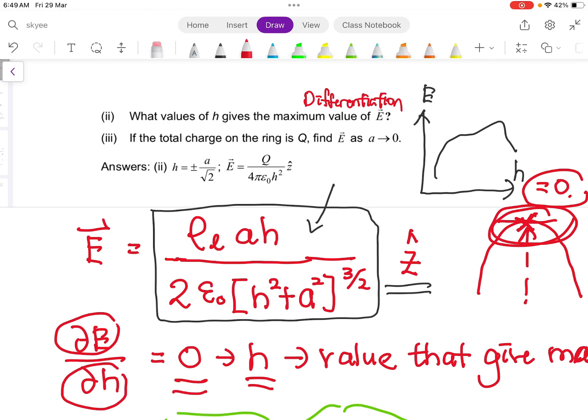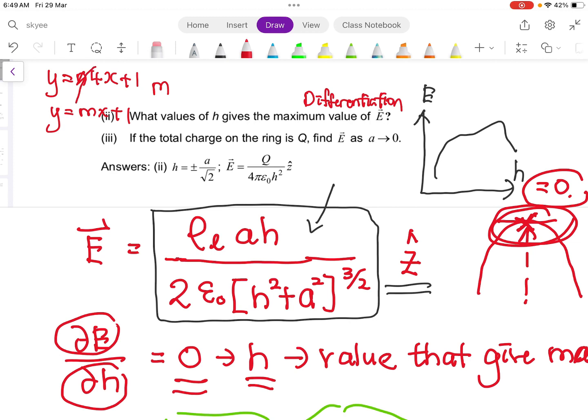When you are performing differentiation, you are actually finding the slope, the gradient. Let me give you an example. If I have an equation y equals 4x plus 1, this is a straight line, y equals mx plus 1.